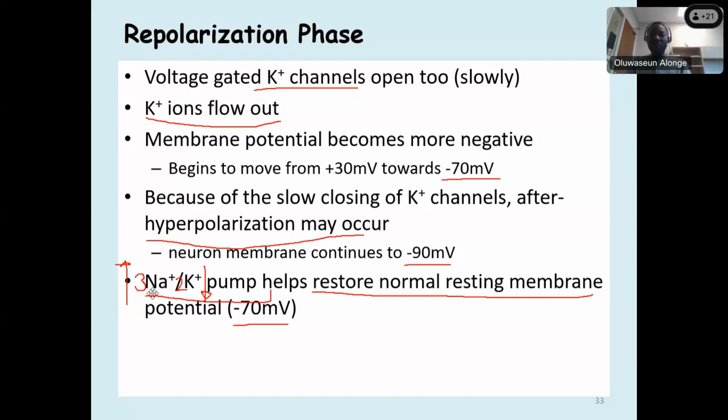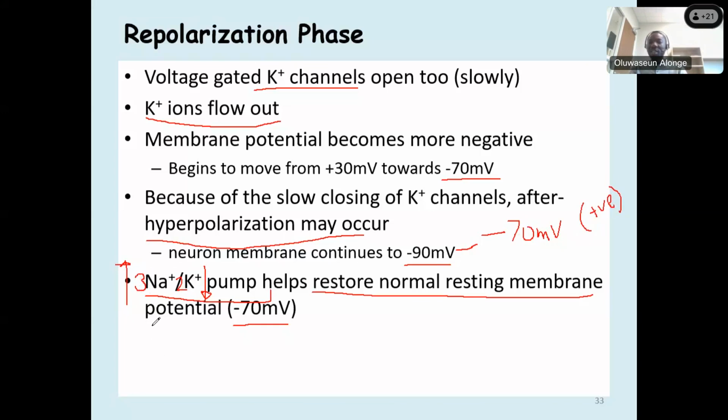All right. So if you look at this pump now, how will this get back to negative 70 millivolts? The way it's going to get back to negative 70 millivolts is that 3 sodium is going out, and every time 2 potassium is restored, it means every time the cell is losing 1 positive charge. So think about it, 3 positive goes out, 2 positive comes back.